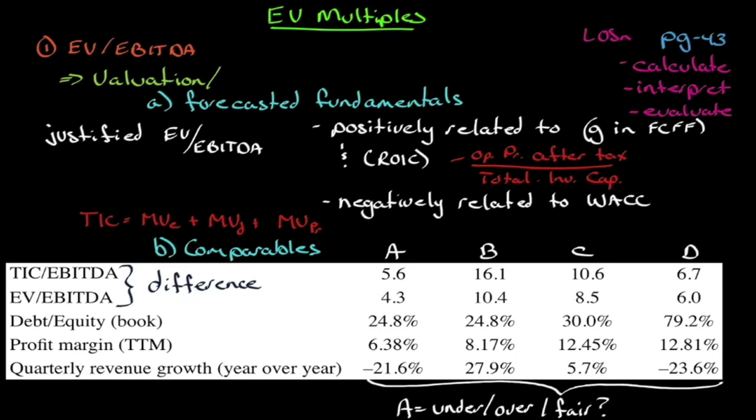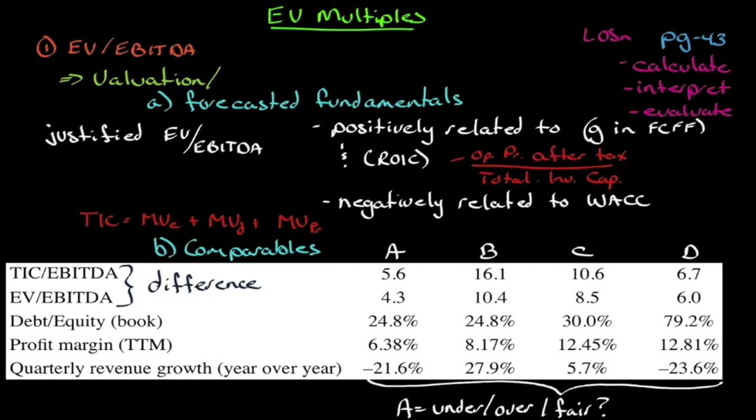Can we talk about a justified enterprise value to EBITDA multiple? Well, we certainly can. All we need to know is, well, what drives EBITDA? And whatever EBITDA is an increasing or decreasing function of, will justify an enterprise value to EBITDA. So if I give you 5 companies and I rank them on enterprise value to EBITDA, and let's say they're 5, 4, 3, 2, 1, make it nice and simple.